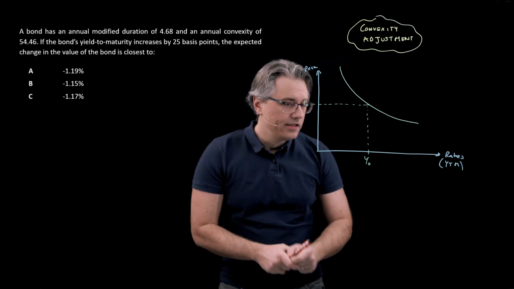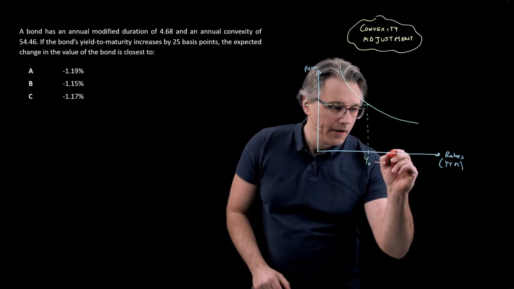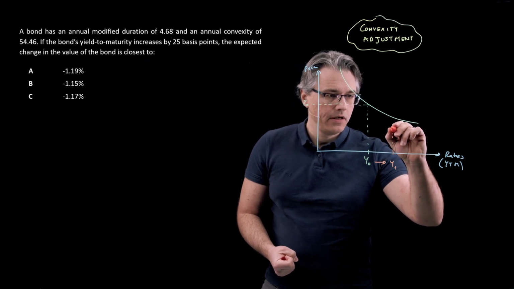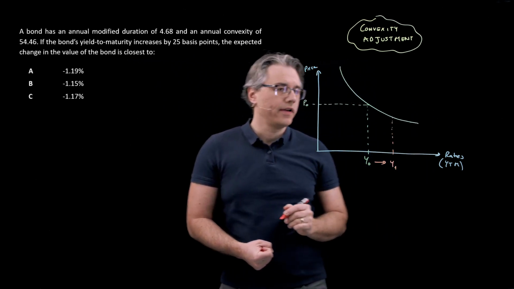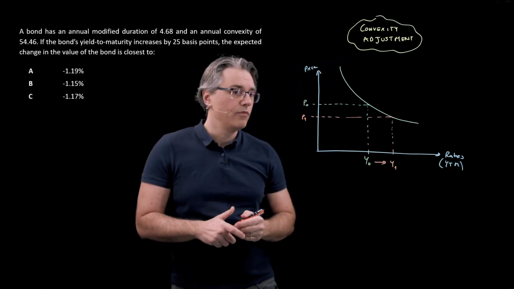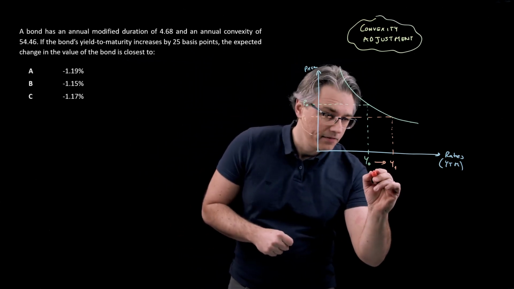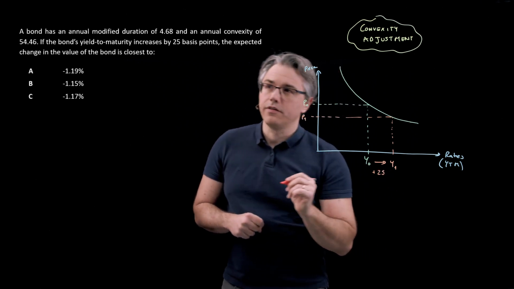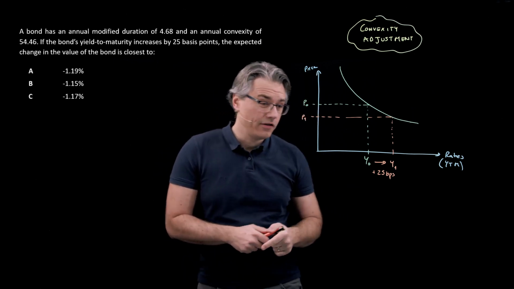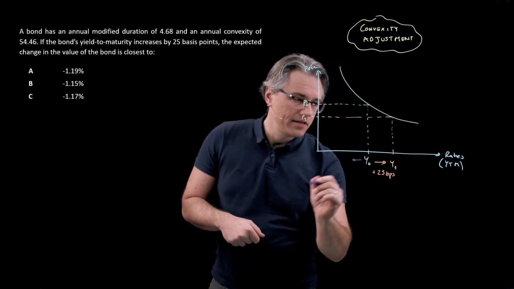Then obviously, if yields go up to a new level, let's call this Y1, new level of yields, the bond will drop in value to some new level P1. And in this question, we're told about the fact that yields actually are going up by 25 basis points, BPS. So that's 0.25%. Now, obviously, the opposite thing happens when yields go this way.